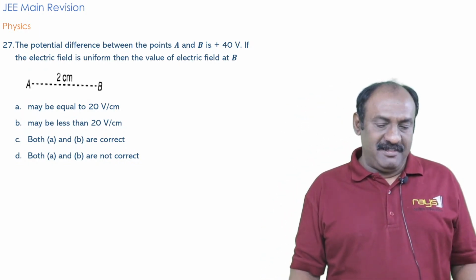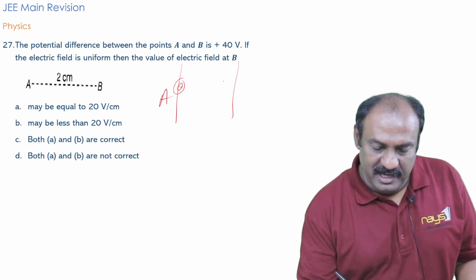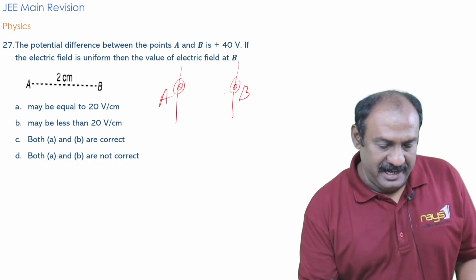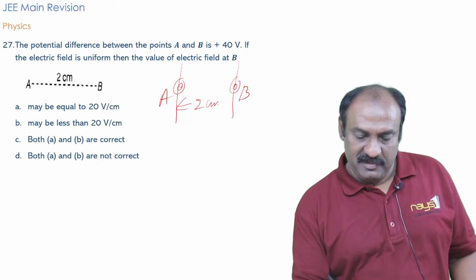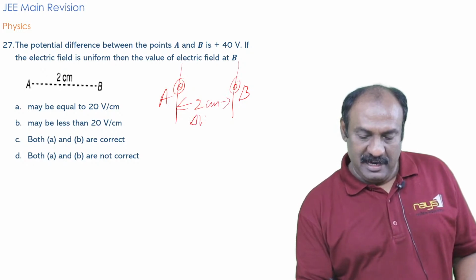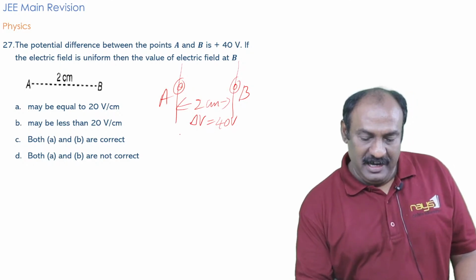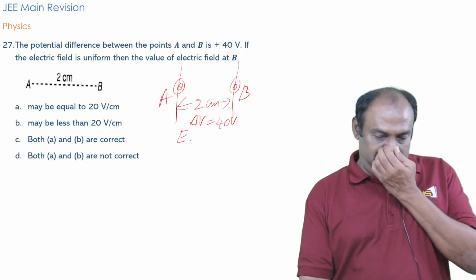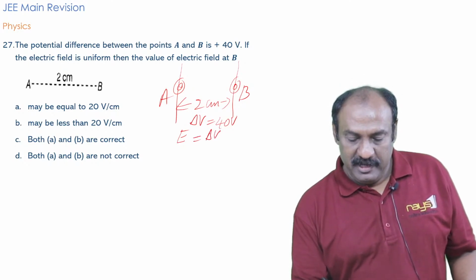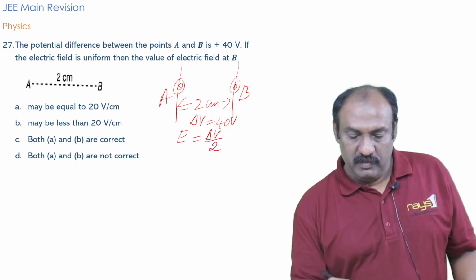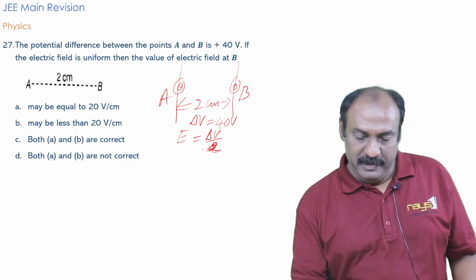Potential difference between 2 points. I considered 2 points A and B separated by a distance of 2 centimeters. The potential difference delta V equal to 40 volt. We know that electric field intensity between these 2 points is E equal to delta V by d, that is delta V by 2 centimeters.